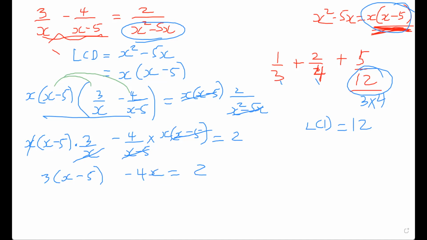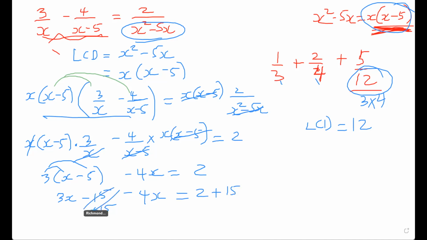Now again, if I distribute the 3 to both terms, here I have 3x minus 15 minus 4x equals 2. Now if I do a plus 15 on both sides, this will go to 0.